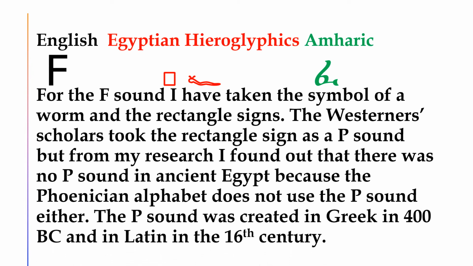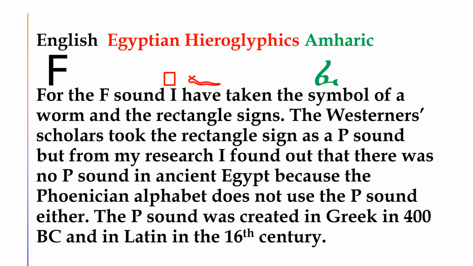But you know, in ancient time, in Semitic language, which is the oldest one, the Paleo-Hebrew, there is no P sound. P sound comes in Greek. It was created in 400 BC, and in Latin it started to be used in the 16th century. So that rectangle sign has to be an F sound, because in Paleo-Hebrew there is no P sound.